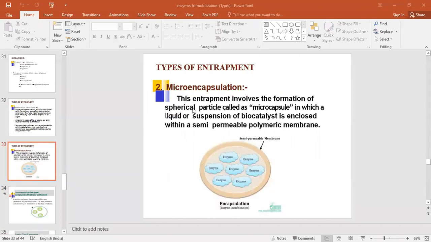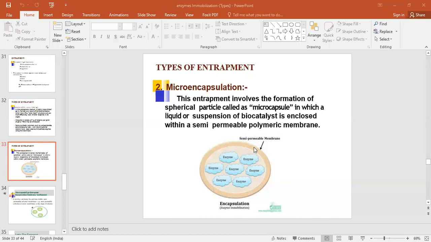Then the second type of entrapment is microencapsulation. In this microencapsulation, your gel or matrix polymer will form a microcapsule. This microcapsule's material is semi permeable. Why semi permeable?